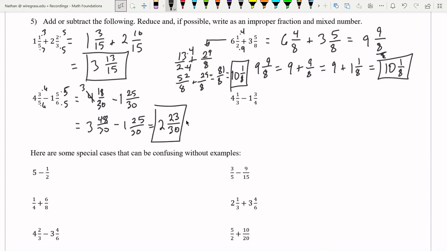If instead we were to do the improper fractions, right? 5 times 4 is 20, plus 3 is 23. And then 6 times 1 is 6, plus 5 is 11. Okay, now I need to get common denominators.